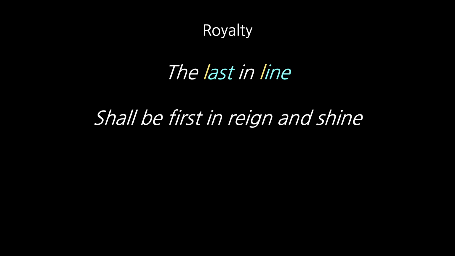So they're close to each other. Last and line are separated by one little word with one syllable. So this is an example of alliteration because last and line are close to each other. And then in the second line, we have shall be first in rain and shine.